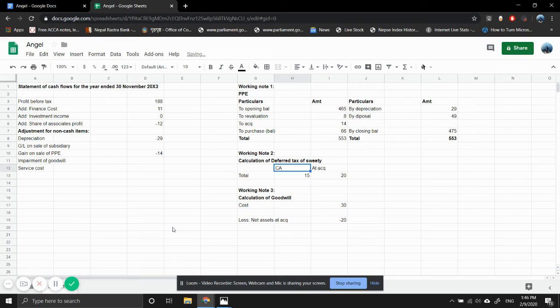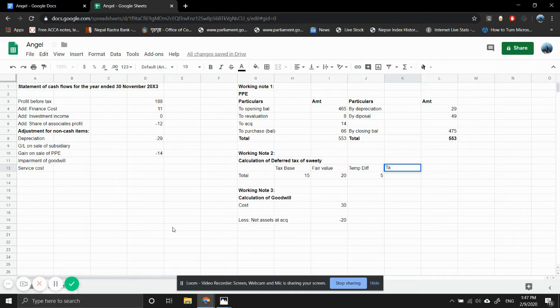No, tax base was 15. Then fair value was this, and then the temporary difference is this minus this.